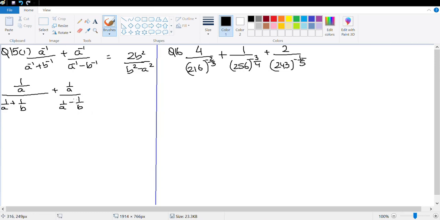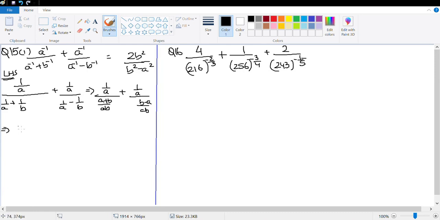That's what's given. We need to prove. So I am starting with the left hand side. This is what we need to prove. So this can be written as 1 upon a. The LCM is ab. So this is a plus b upon ab plus 1 upon a. Again the LCM is ab and this is b minus a.